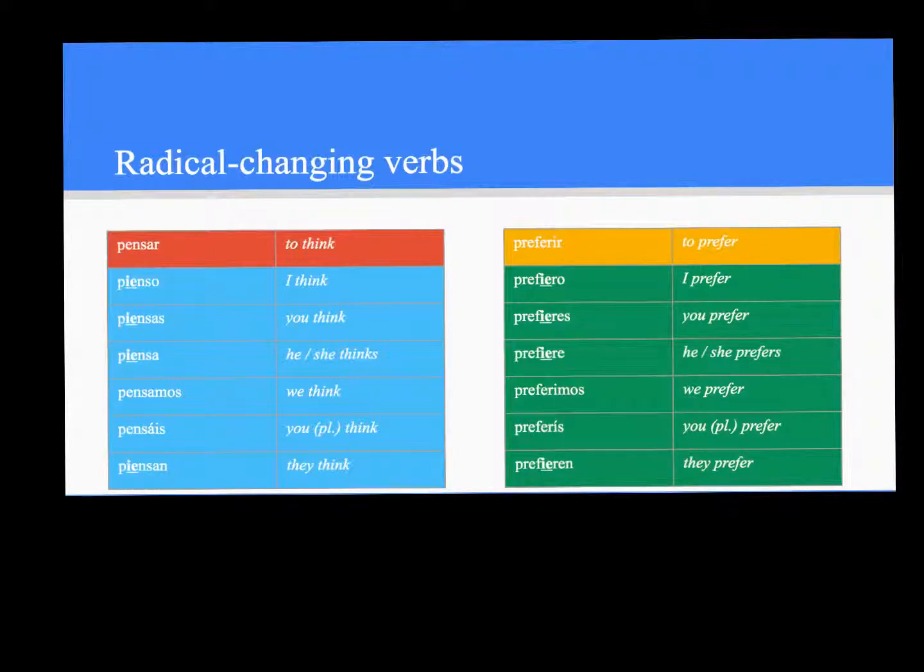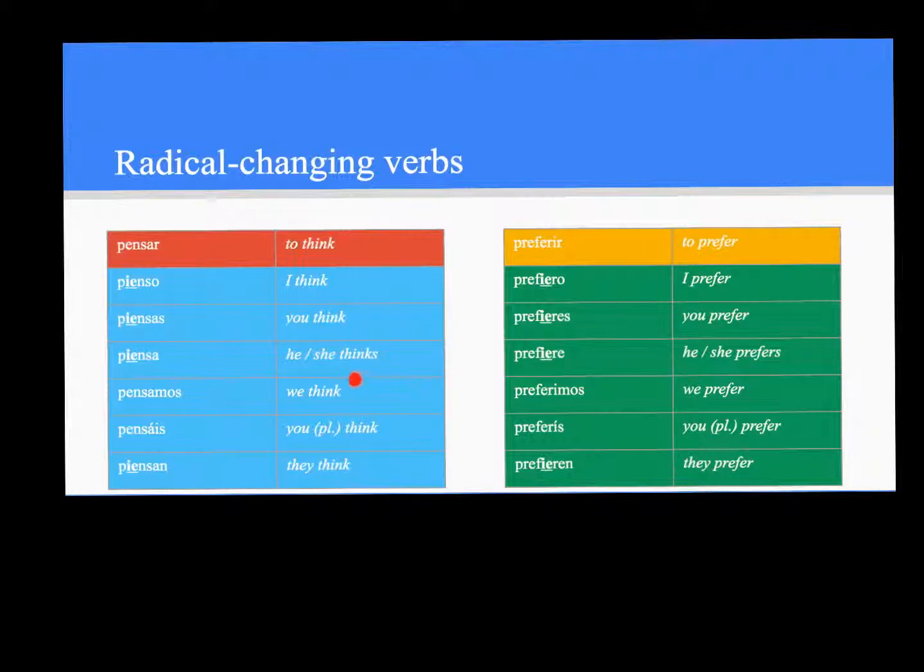That's why this kind of verb is often known as an E to IE radical changing verb. Exactly the same pattern can be observed in the singular of preferir. The E here has changed to an IE, so we get prefiero, prefieres, prefiere.